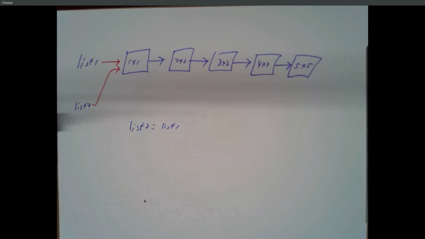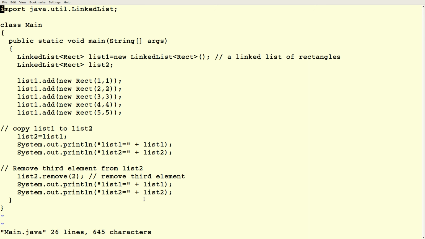Not, are they the same letter by letter? Right? So this is a kind of subtle but fairly important concept. That even though we don't talk about pointers in Java, these things are basically pointers to objects. They're references to objects. And saying list2 equals list1 just makes list2 refer to the same object as list1.